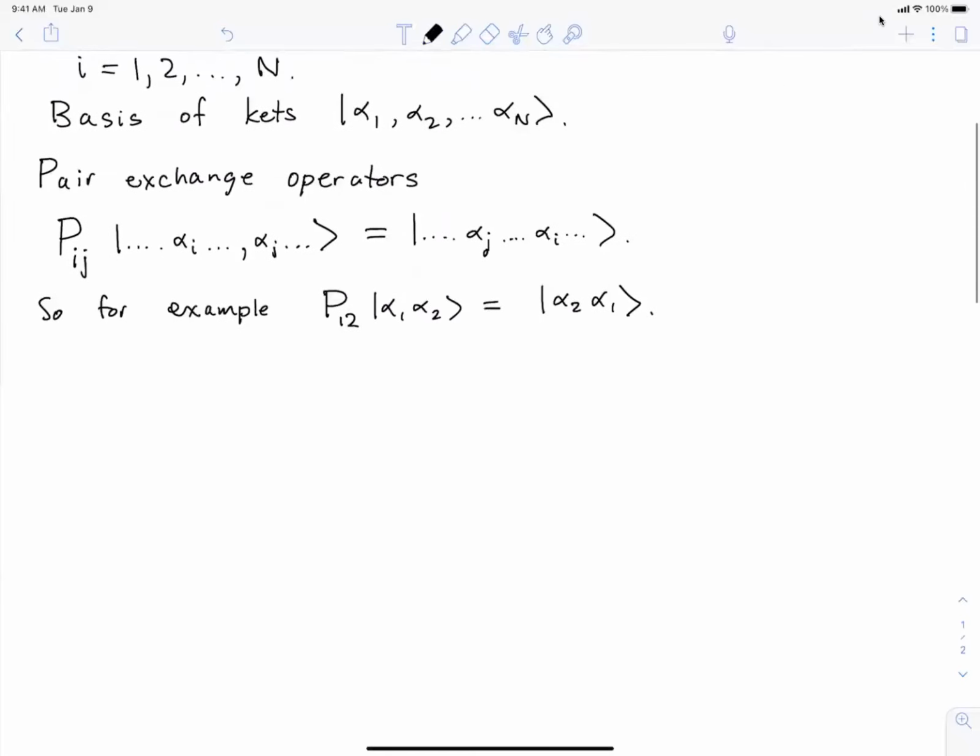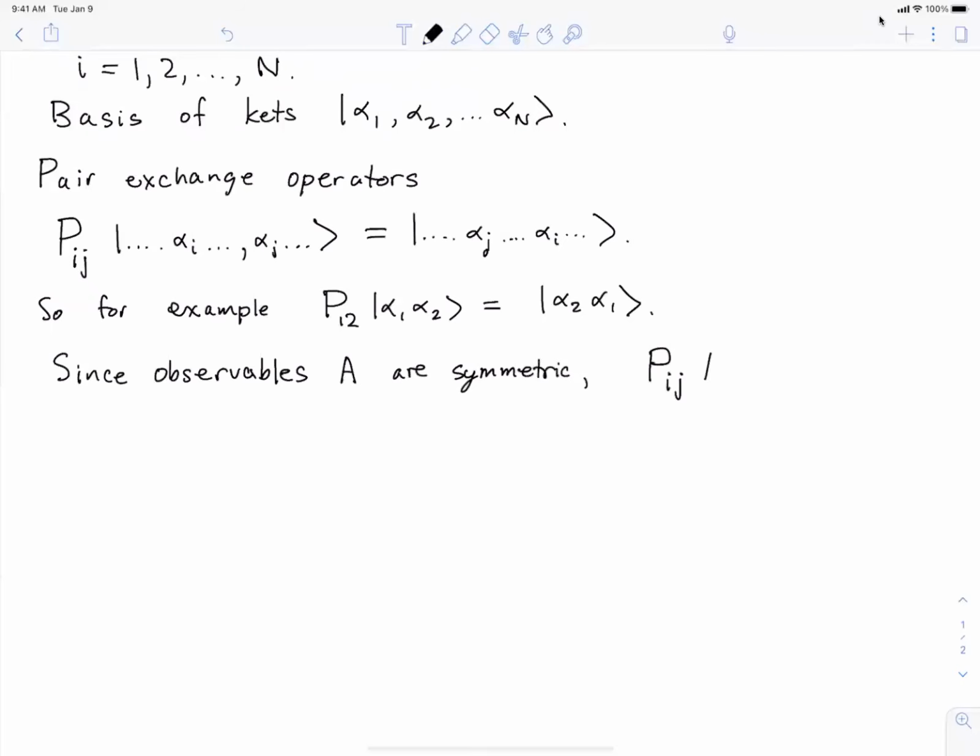Okay, now last time what we said is that observables have to be symmetric under the interchange of labels. And since that's true, since observables, and I'm going to be generically calling our observable A, are symmetric under interchange of labels, meaning we can't tell the particles apart, then Pij acting on A has to equal A times Pij.